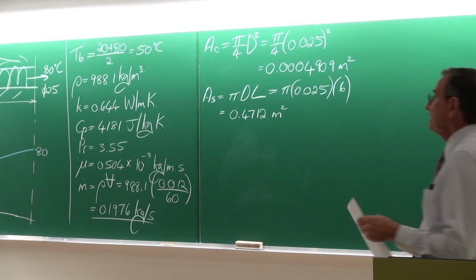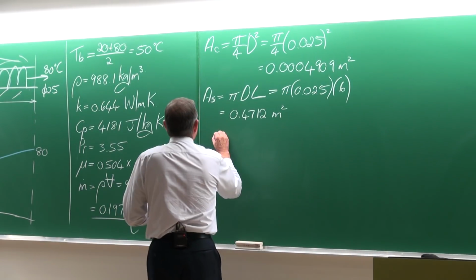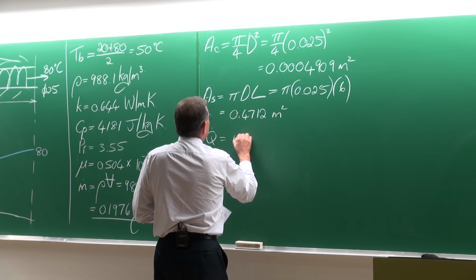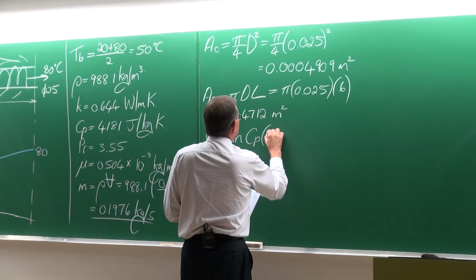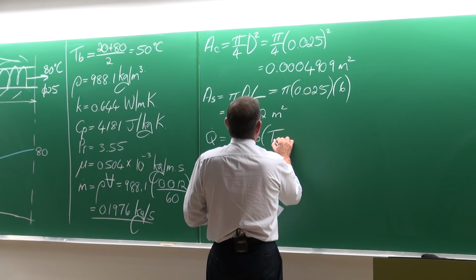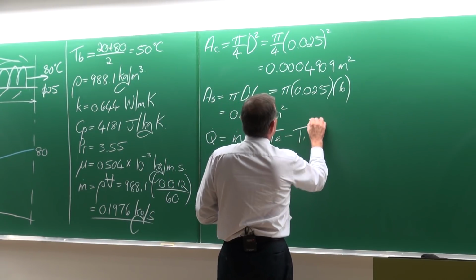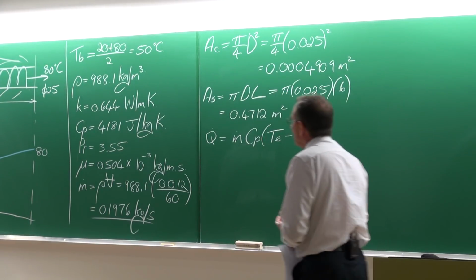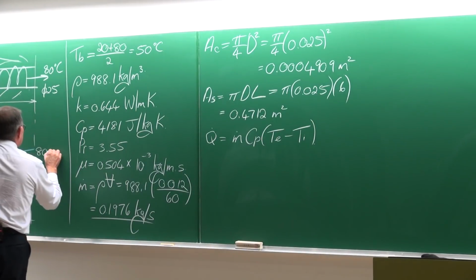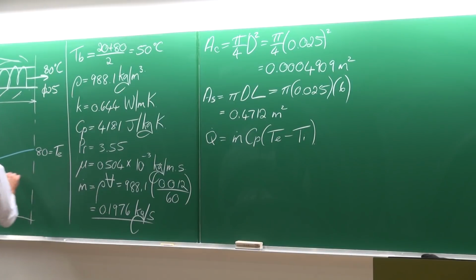The heat transfer rate is very easy to determine. It is equal to the mass flow rate times Cp multiplied by the outlet temperature minus the inlet temperature.